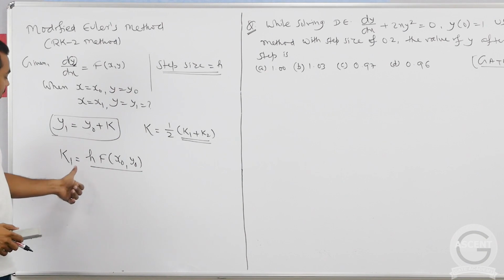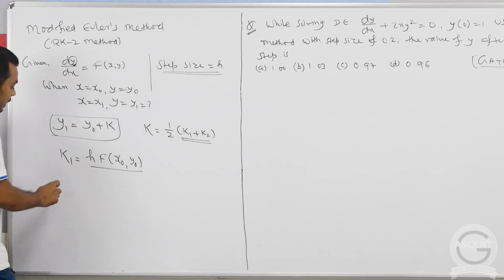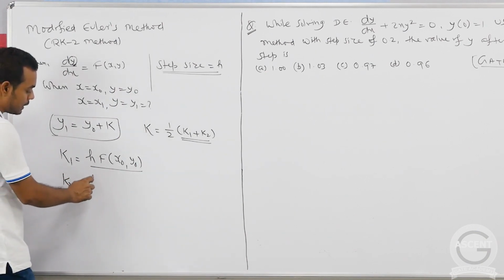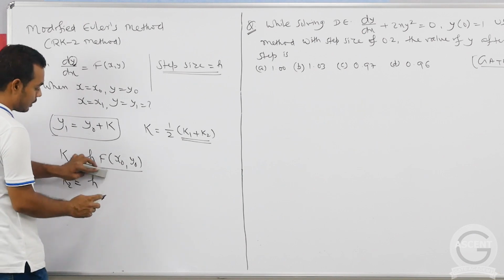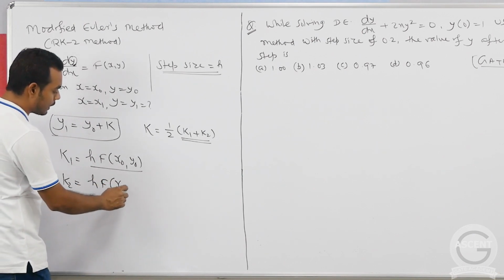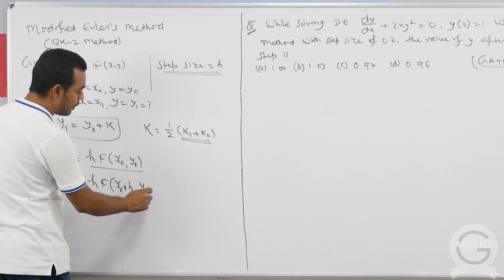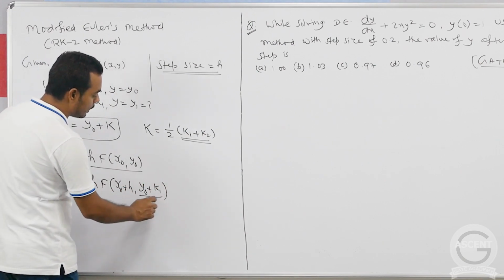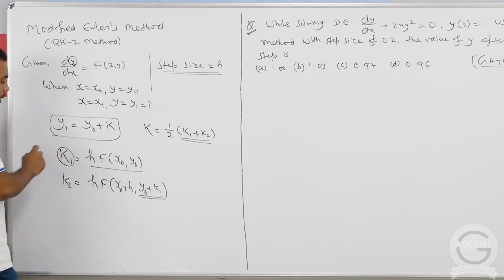In Euler's method also, the formula for y1 was y naught plus h into this term. This term is represented by k1. And k2 is h into f of x naught plus h, y naught plus k1, where in place of k1 you use this k1.